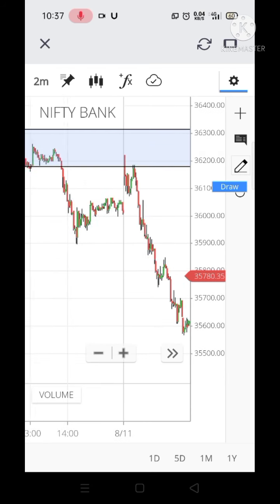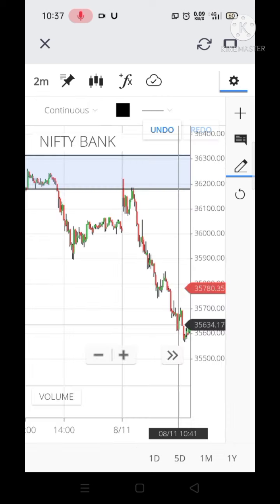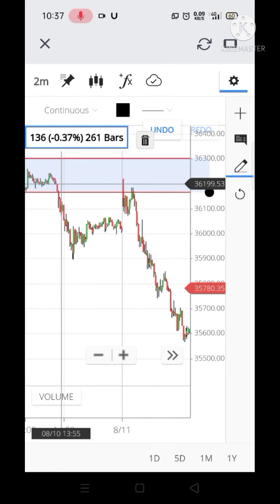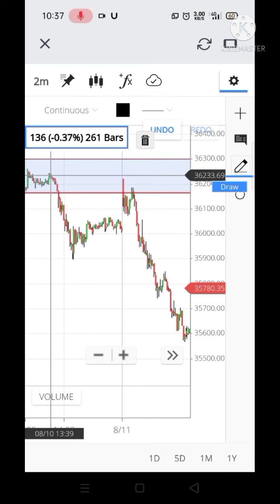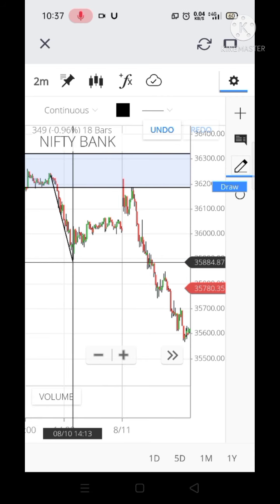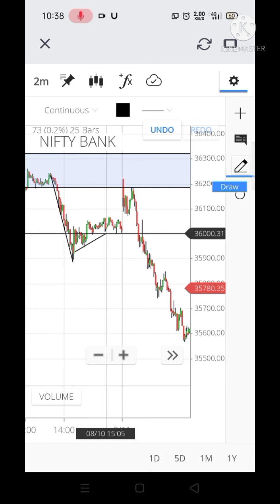And what I saw was this: first, the breakdown of the supply zone here, then a consolidation phase like this.